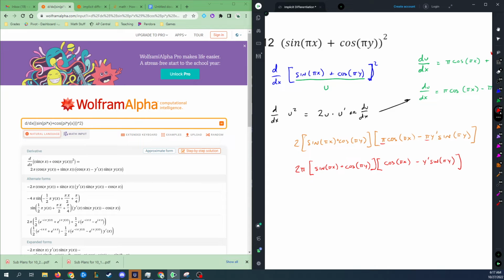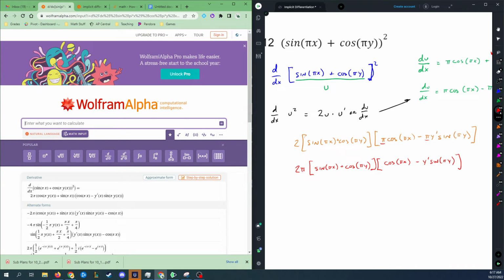And this is called a computer algebra system. It's really cool. So if you want to check every single problem you do on it, just make sure that you're going through and putting y of x. Even if I wanted to do the first one here, which is just x squared plus y squared equals 36, I'll use that one to show you the math input.